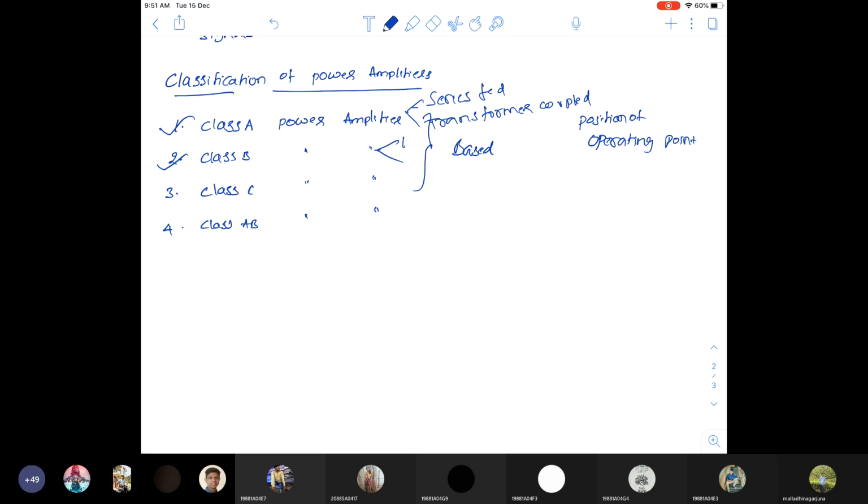One is push pull Class B power amplifier, another is complementary. The main important thing is, if you know the series fed, it is easy to get the transformer coupled. If you know the push pull, it is easy to get the complementary.